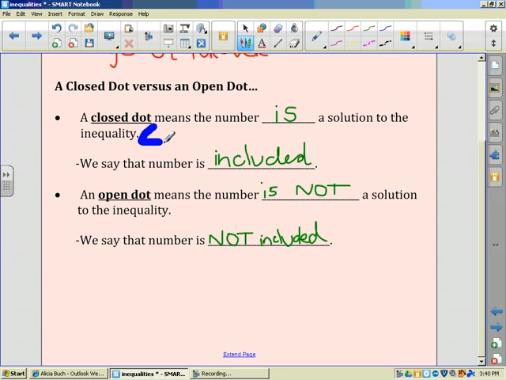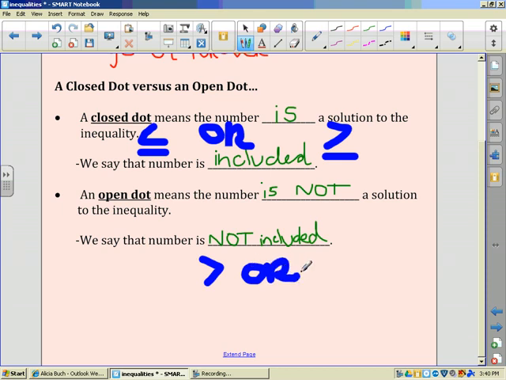This would be with the less than or equal to, or the greater than or equal to. That's the only time you use the closed dot, because you are including the number that you're making the comparison to. Whereas for an open dot, it would only be for the symbols that you're already used to, the greater than or the less than. And I think this will make more sense when we look at a graph here coming up. But jot those things down that I just wrote down in blue on your paper so that you have them.